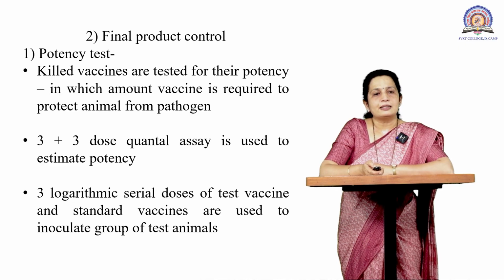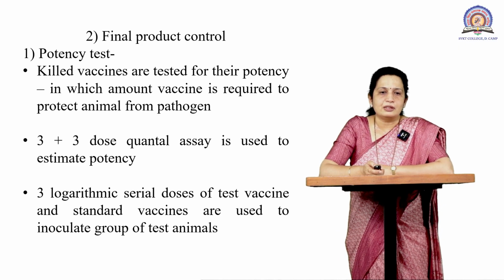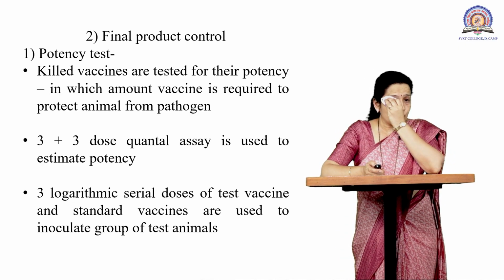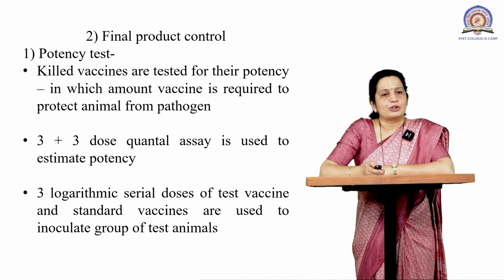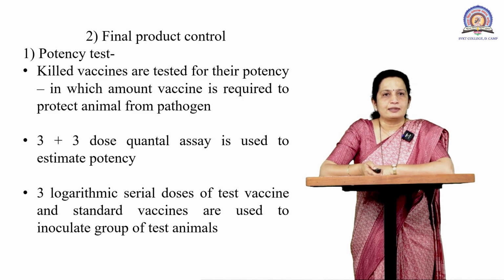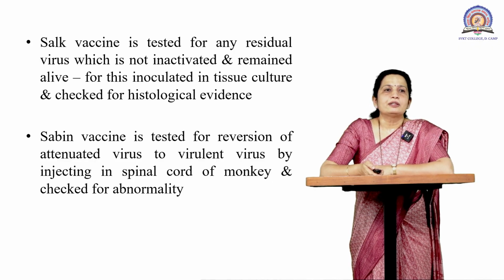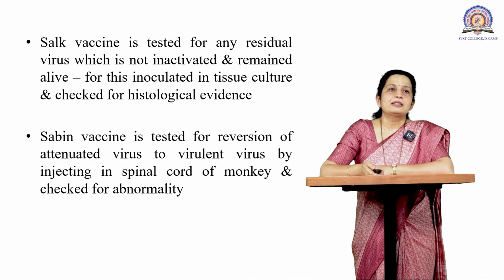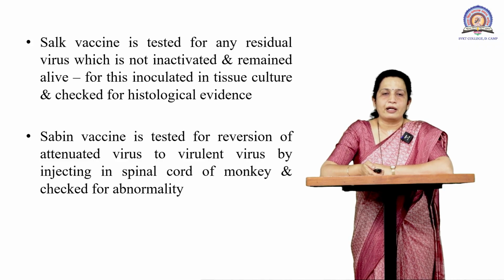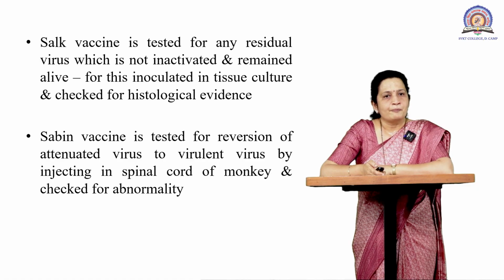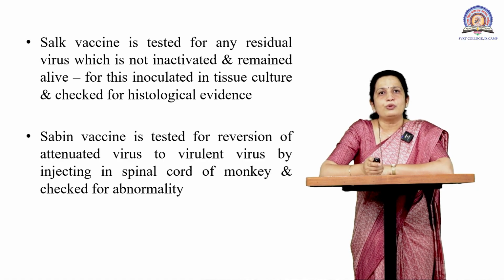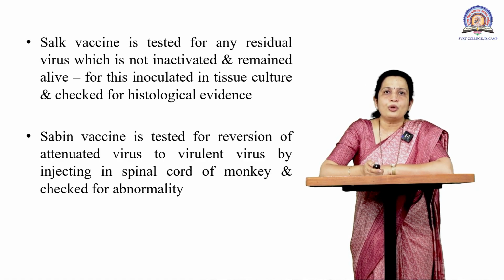In these 3 scales, we have to take our test vaccine which is synthesized, and in the same doses we have to take the standard vaccine, and these 3 logarithmic doses are inoculated in the test animal and then their efficiency is checked. Now Salk vaccine, which is an inactivated or killed vaccine, is tested for residual virus, if there are any residual viruses which are not inactivated, because this Salk vaccine we are going to inject in a patient, so it should not contain any live virus particle.